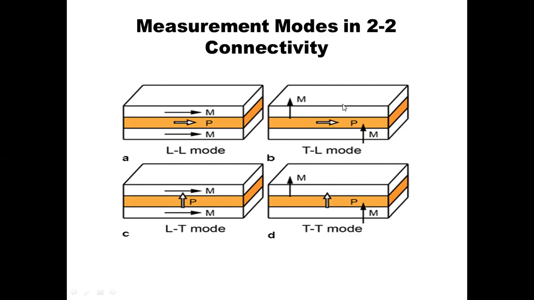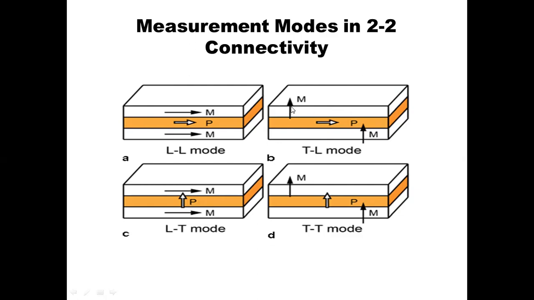The second one is referred to as the TL mode, that is the transverse and longitudinal mode. You can see very clearly in this diagram that the magnetization in the ferromagnetic layer is in a transverse direction.